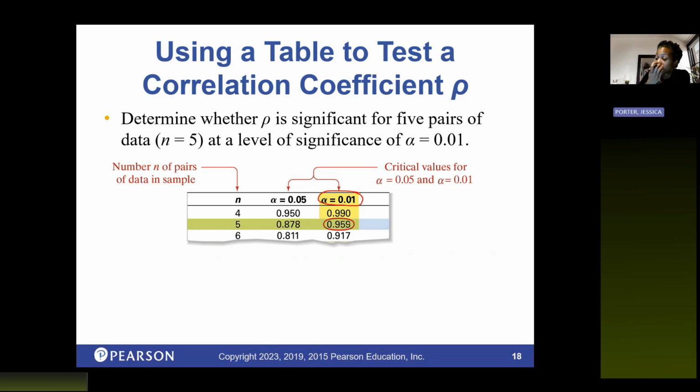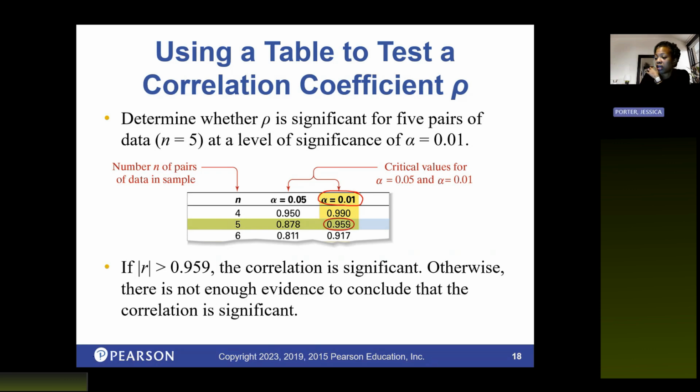So I will compare that to R. If R, the correlation coefficient, is greater than 0.959, the correlation is significant. Otherwise, there's not enough evidence to conclude that the correlation is significant.